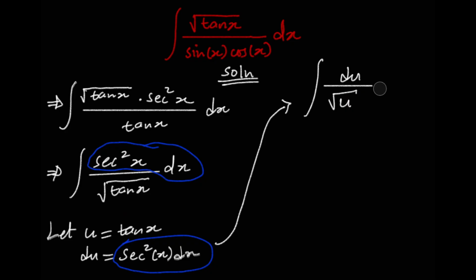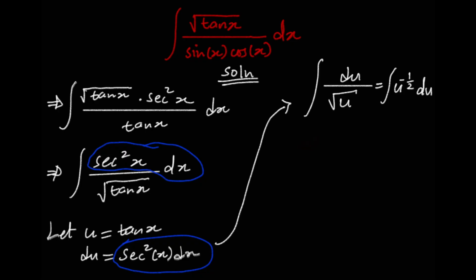And this is the same as the integral of u raised to the power of negative half du. All I do is convert the square root into a half and then take it to the numerator. It changed to a negative half.